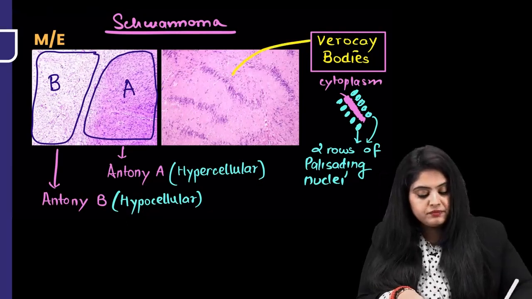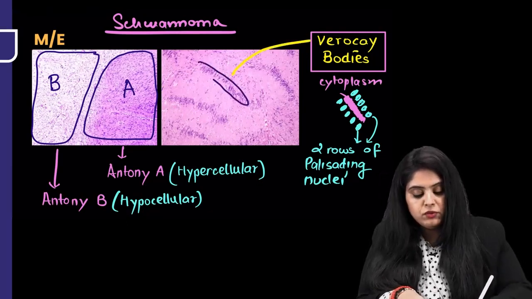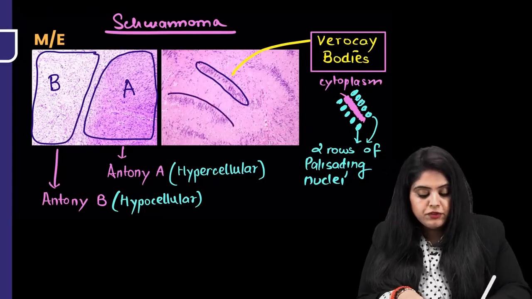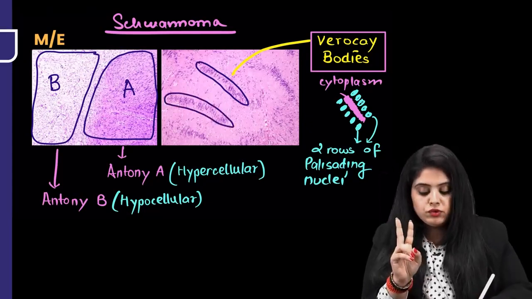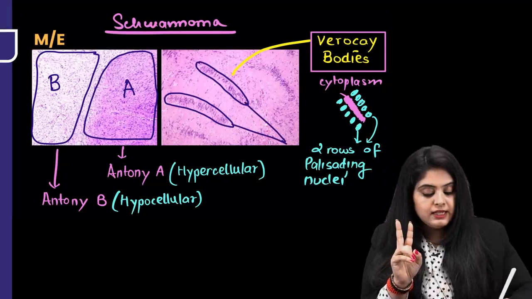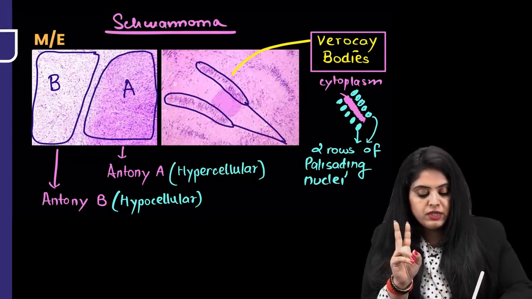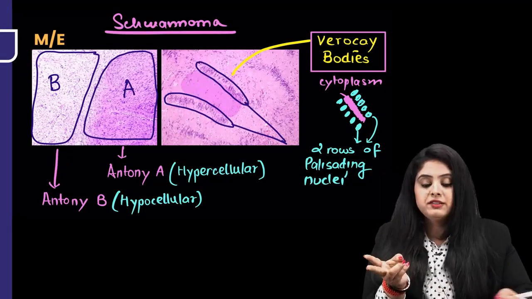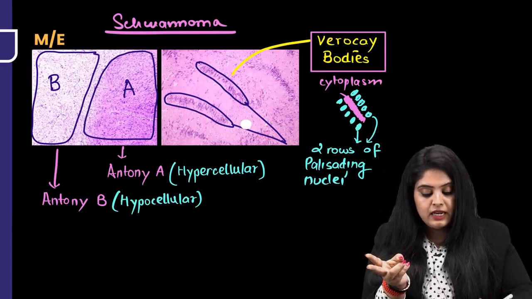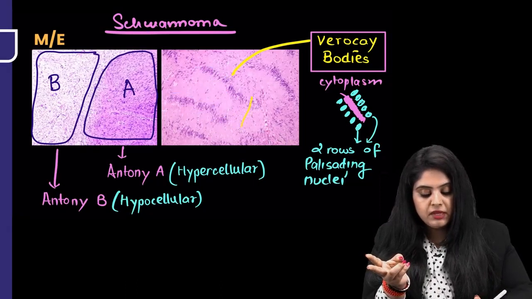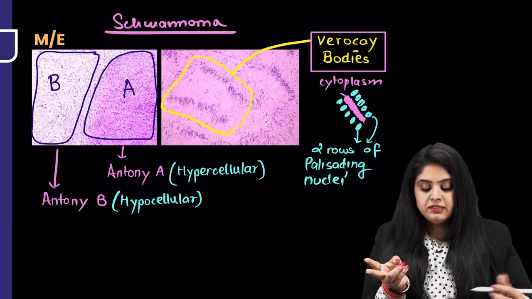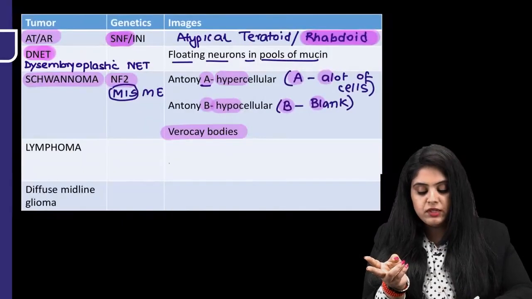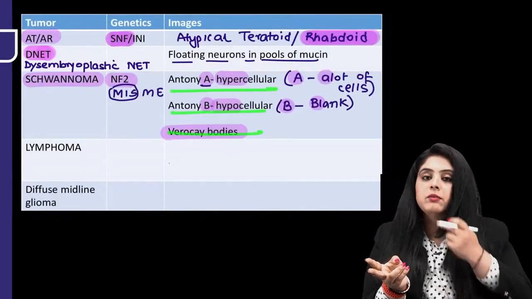I can see there is one row of nucleus over here, one row of nucleus over here. So have I seen the two rows of palisading nuclei? Clear. And then what do you have in between? You have the pink colored cytoplasm. So this entire thing becomes a Verocay body. Simple. So for schwannoma, you just have to learn Antoni A, Antoni B and Verocay bodies.